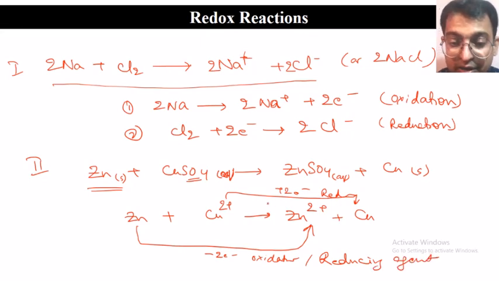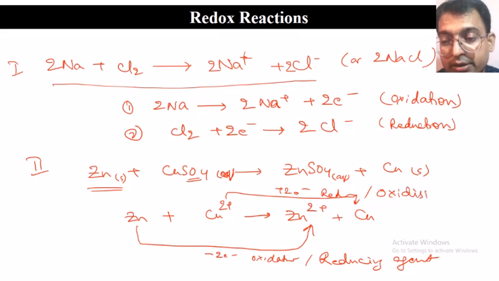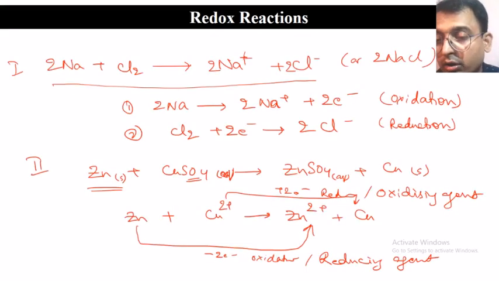And copper 2 plus to copper is itself getting reduced; it is taking the electrons, so it is the oxidizing agent. In this way we look at redox reactions. Both reduction and oxidation take place simultaneously.